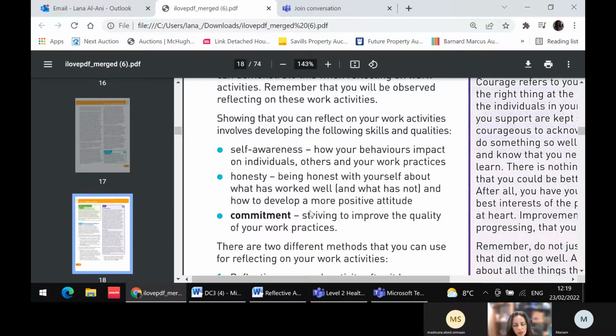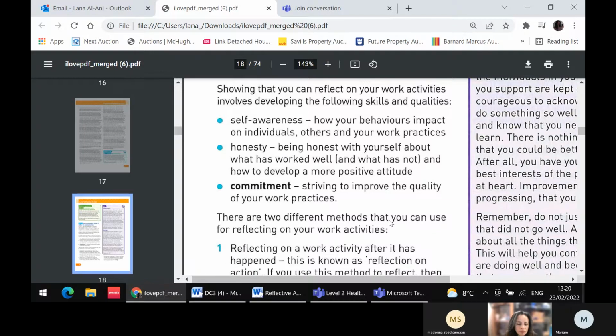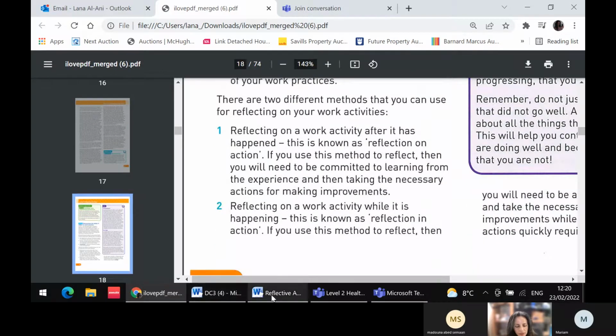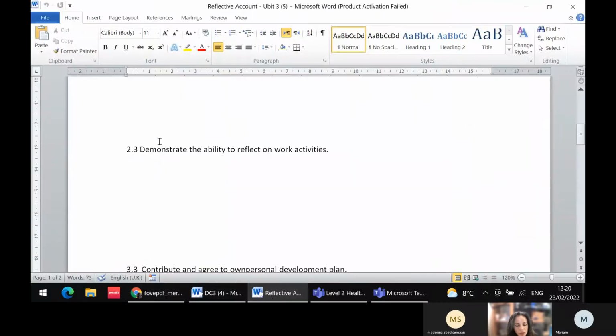And I'm always honest with myself when I think about situations. Even when I'm wrong, I can tell and I can improve my work. Also, I have commitment because I need to continue improving the quality of my own work. That's why I keep doing reflection.